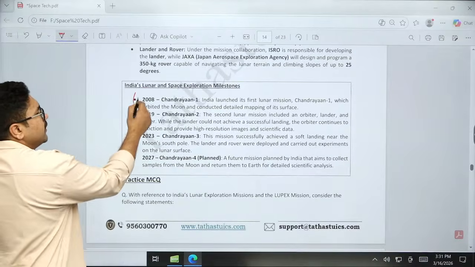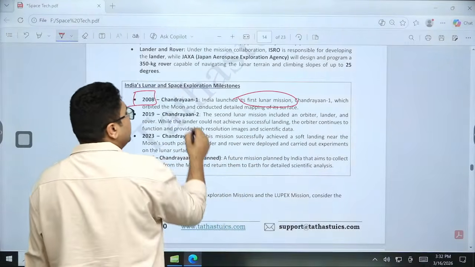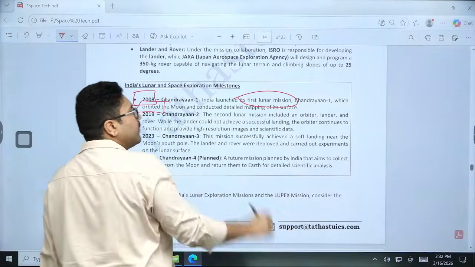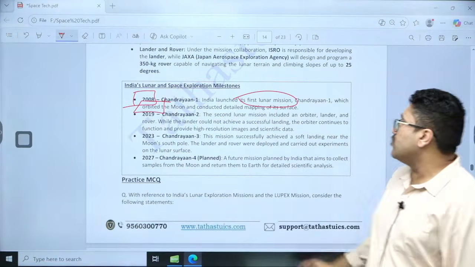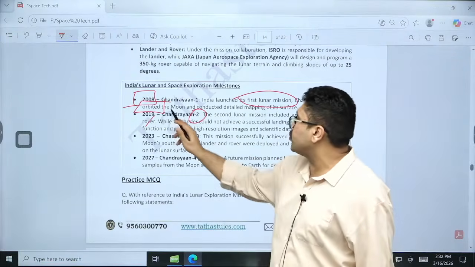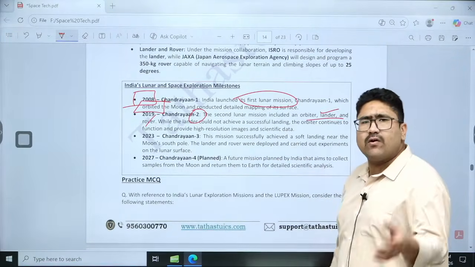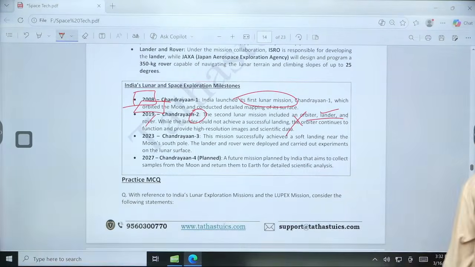Chandrayaan 1, launched in 2008, was the first lunar mission and was only for orbiting around the moon. It never landed on the moon. But Chandrayaan 2 had a lander and a rover, and it attempted to land on the moon, but it was unsuccessful and the lander and rover both got destroyed.